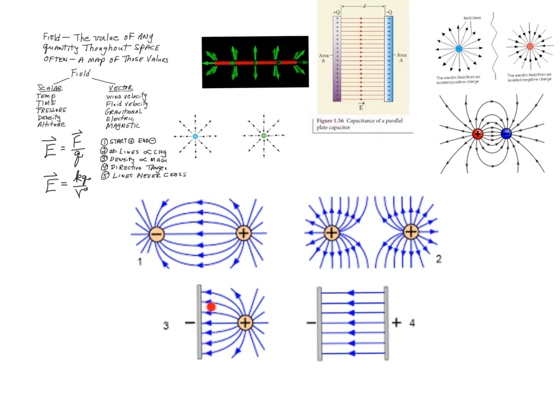So that means that the field here is uniform, and if we bring two oppositely charged plates together, the field lines will go from one plate to the other. And you see they're not spreading out. So the field in this region is uniform. It doesn't vary.